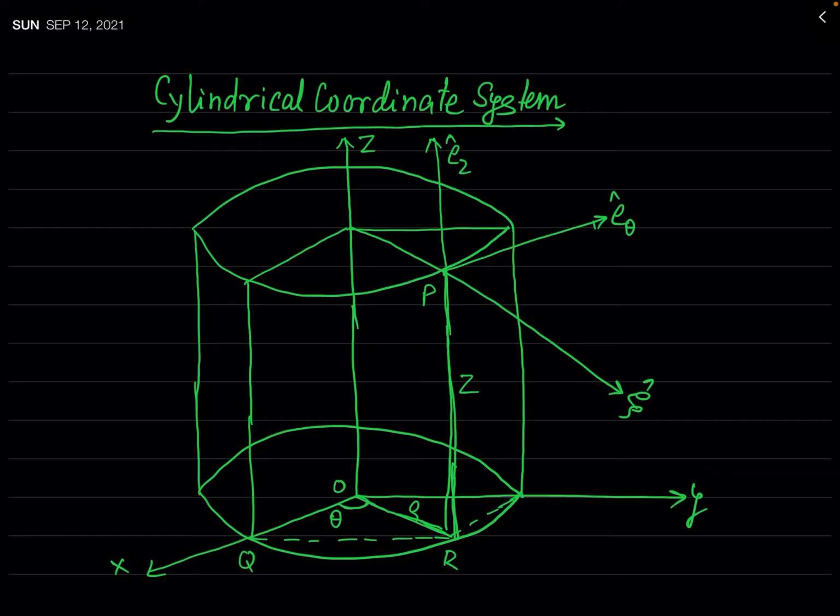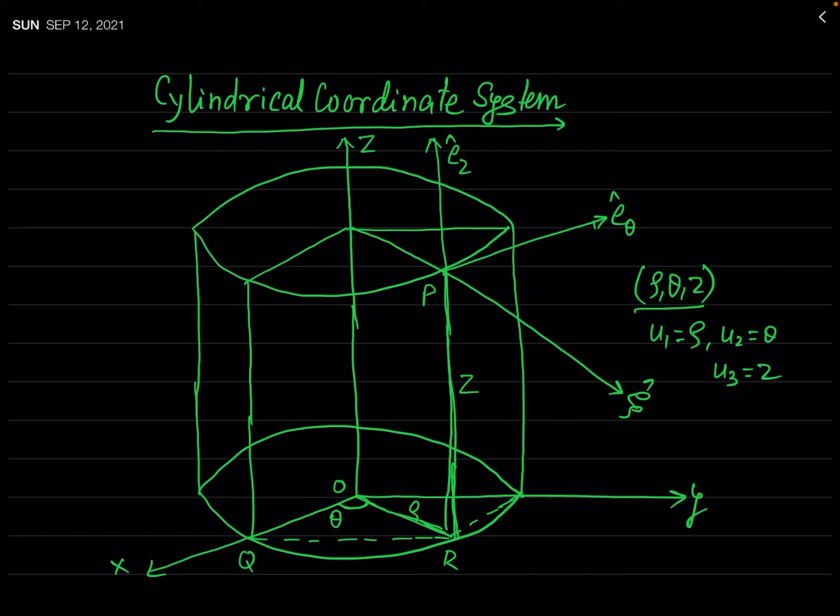Then these rho, theta and z are known as the cylindrical coordinates of the point P. So if we compare with the general orthogonal curvilinear coordinate system, then here u1 is equal to rho, u2 is equal to theta, and u3 is equal to z.